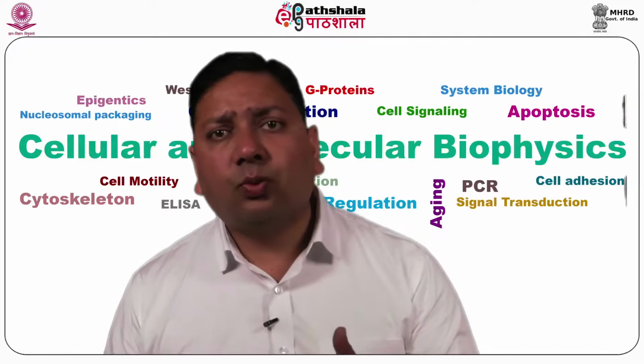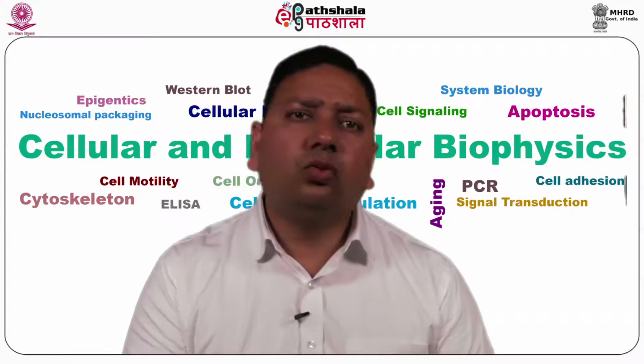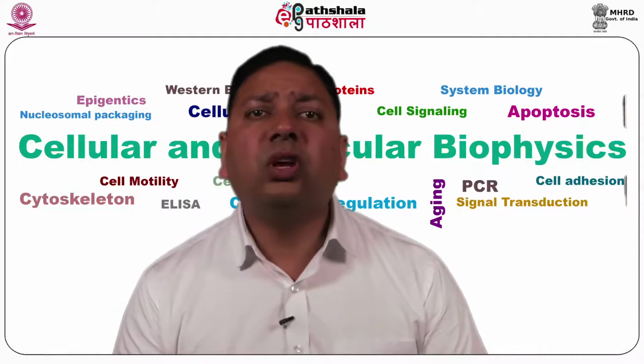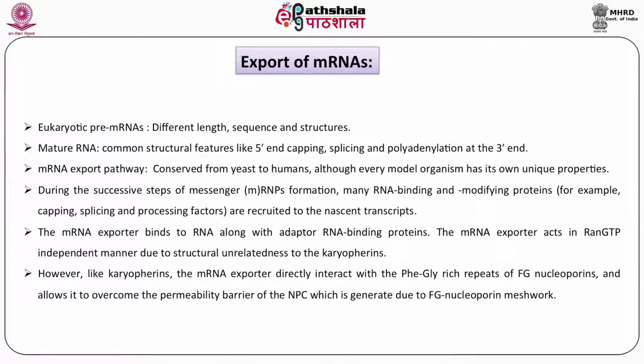The mRNA export pathway is conserved from yeast to humans, although every model organism has its own unique properties. During the successive steps of messenger RNP formation, many RNA binding and modifying proteins, for example capping, splicing and processing factors, are recruited to the nascent transcripts.